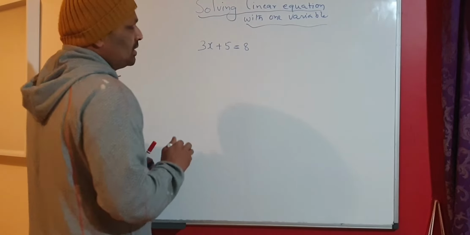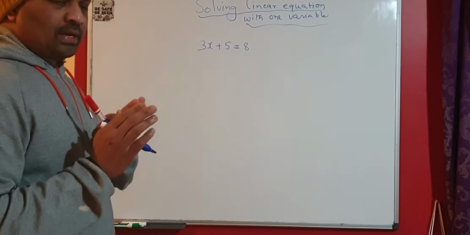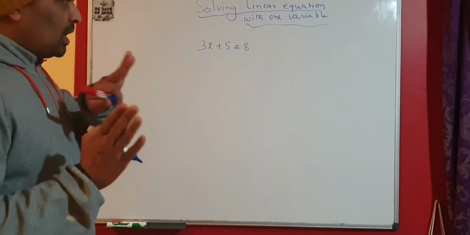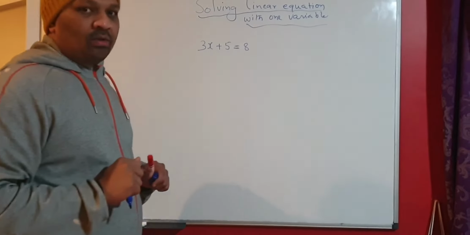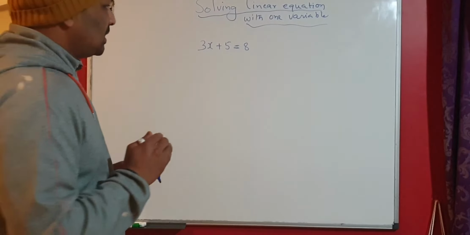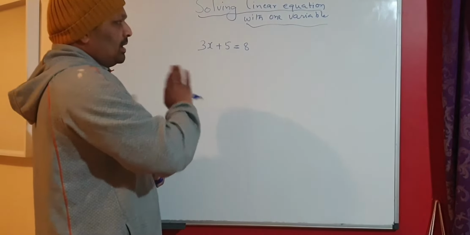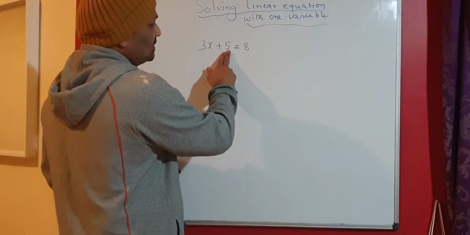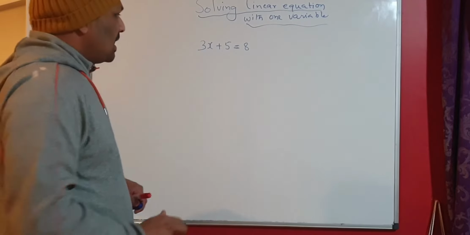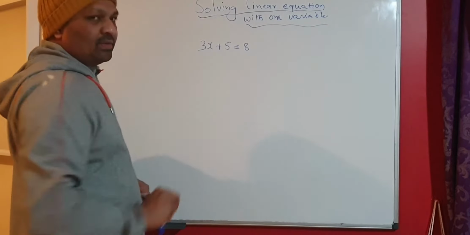When you're solving, the very first step is to bring all the terms that have unknown variables onto one side. The terms in this case: 3x is one term, 5 is another term, 8 is a term. 3x plus 5 is an expression on the left side.